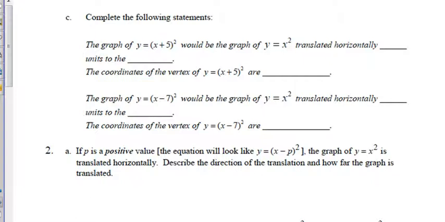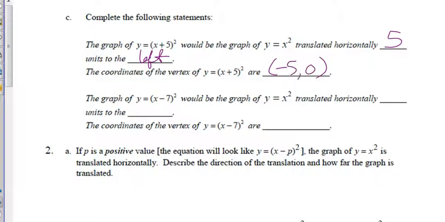Complete the following statements. The graph of y equals (x plus 5) quantity squared would be the graph of y equals x squared translated horizontally 5 units to the left. The coordinates of the vertex of y equals (x plus 5) quantity squared are negative 5, 0, right?